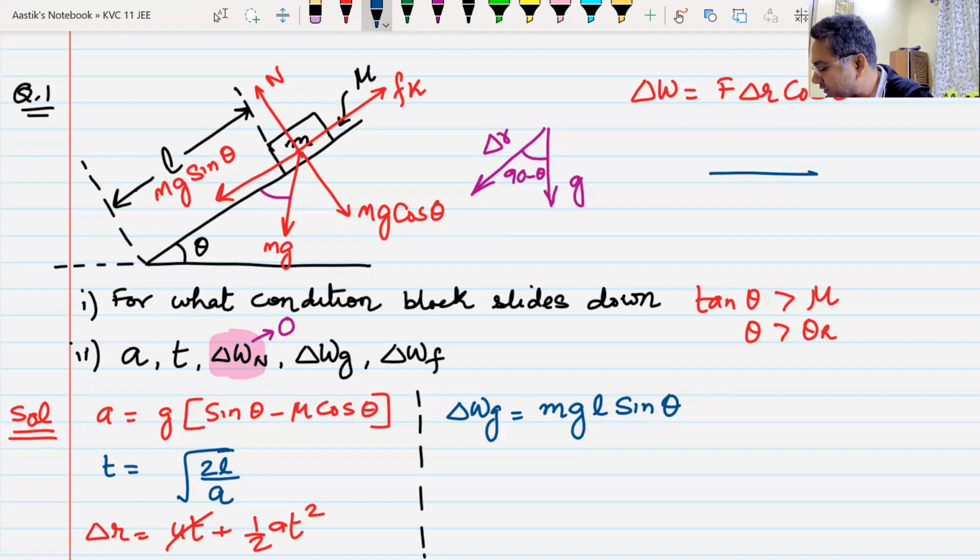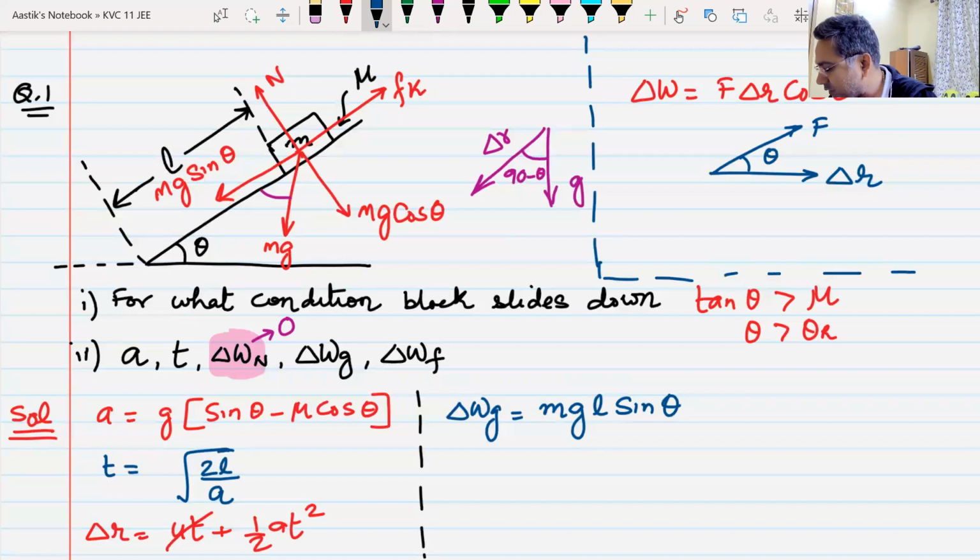Now remember, let us say displacement is here and your force is here, and this is your theta. So basically, you can write this work done in a different way as well. How can I write it differently? I can take F and cos theta together.